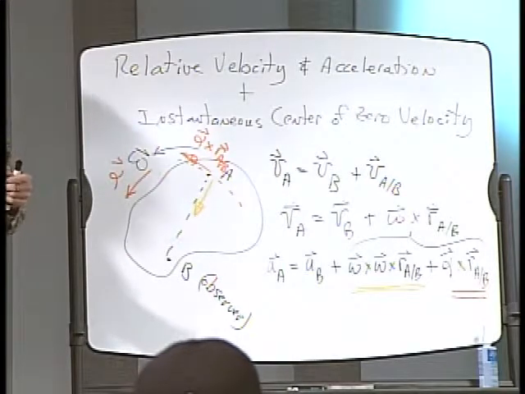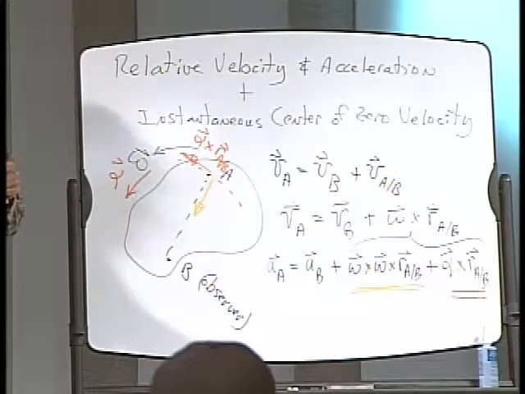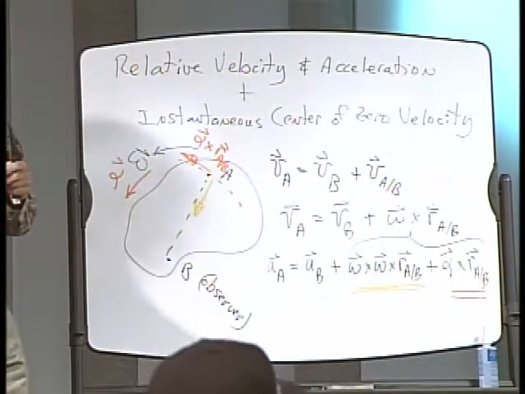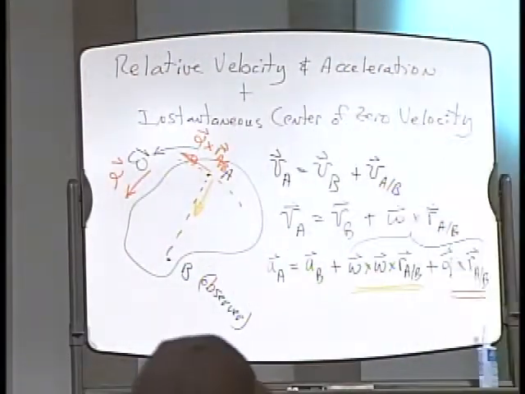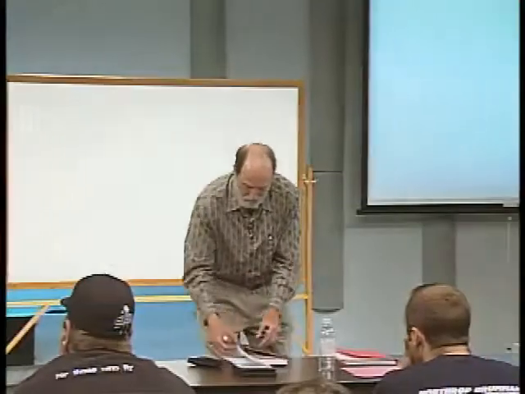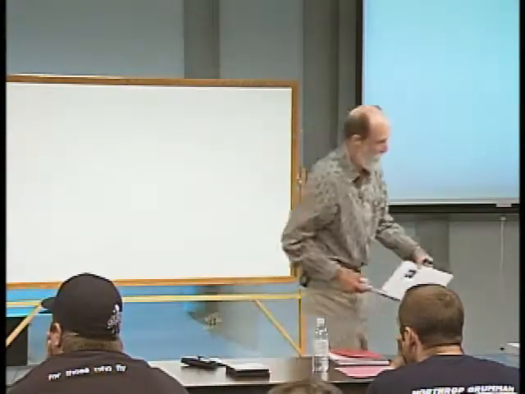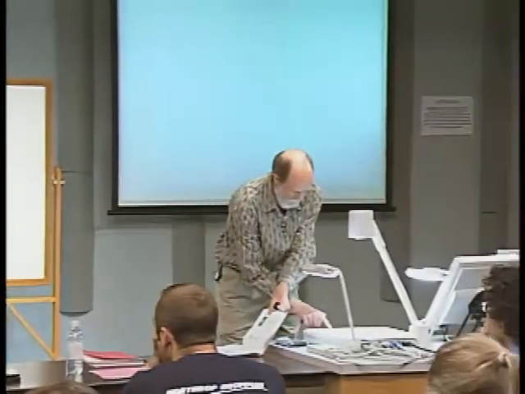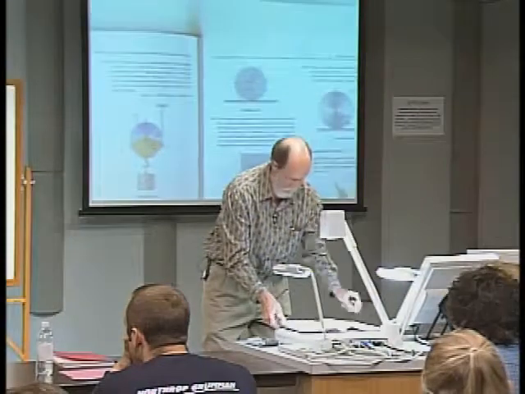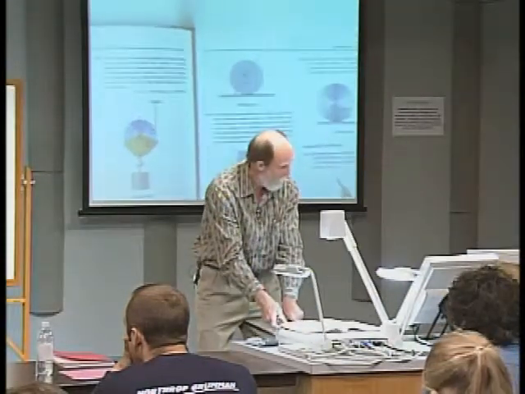So let's go ahead and go back to a problem that we left off with last class session, which should show up here on the overhead. And it's this one right up here.